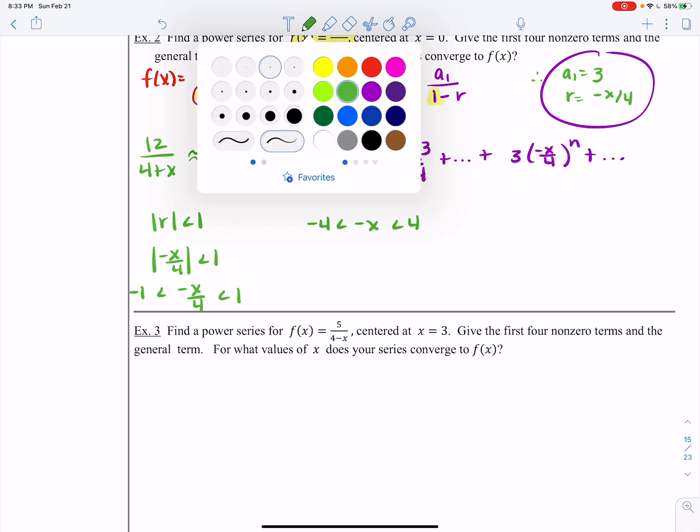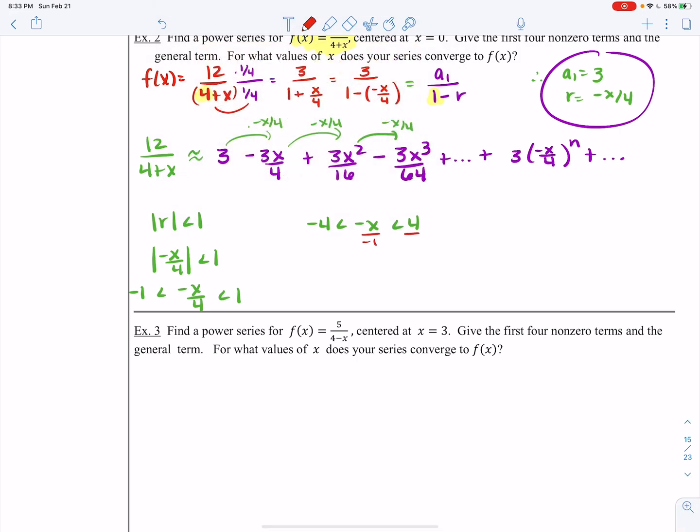I'm going to divide by -1. Remember that dividing by -1 is going to flip your signs. So I get 4, flip the sign, -4. But really, that's the same thing as this. And this is your interval of convergence. And you're done.